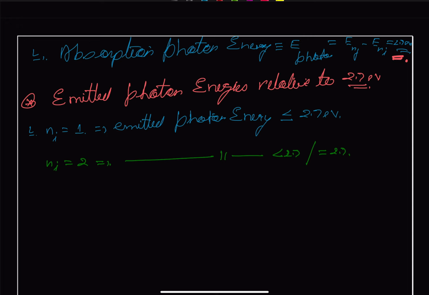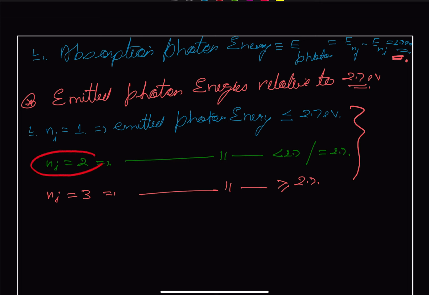And for Ni equal to 3, our emitted photon energy will be greater than or equal to 2.7. So based on this, we can say that our initial energy level will be N equal to 2.